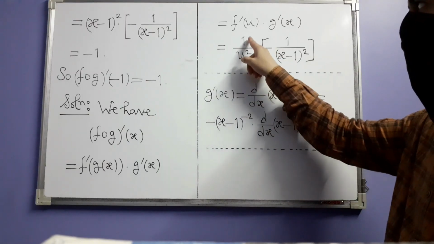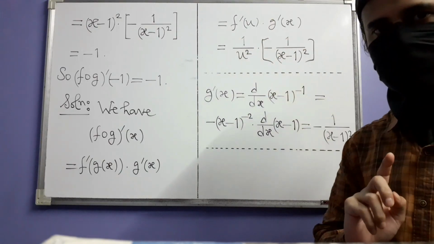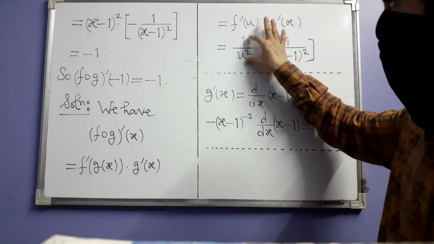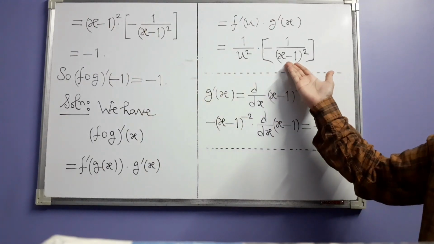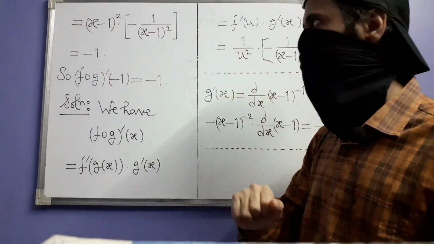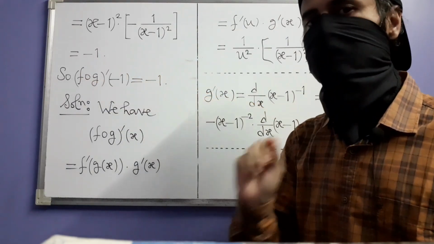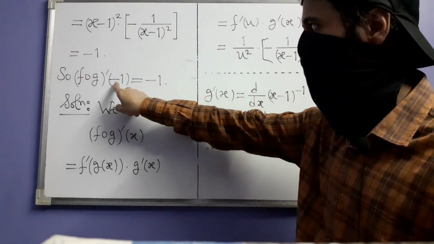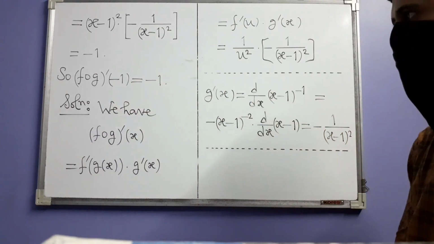Square of that means you can view this as 1 divided by u whole square as well. So that is why in its place you have x minus 1 square, and with that you have this. So after cancelling these two things, you are left with minus 1. So it is constantly minus 1. So at the point x equal to minus 1 also it will be minus 1.